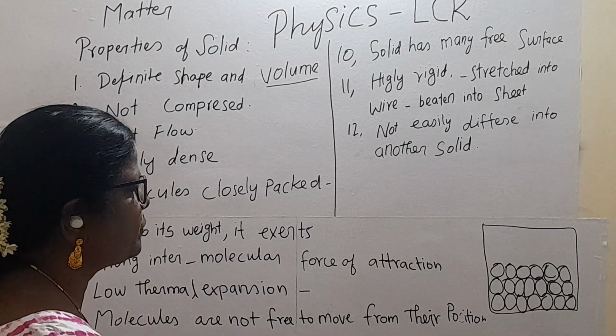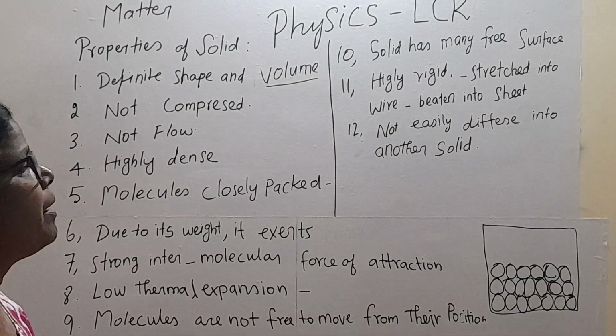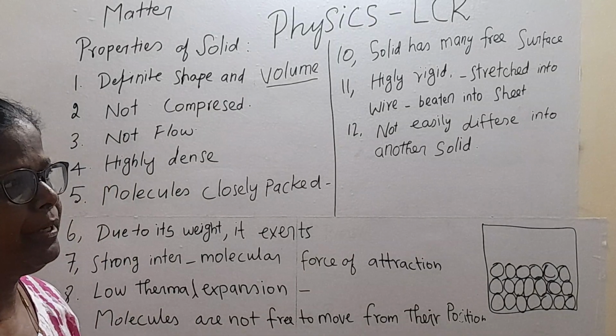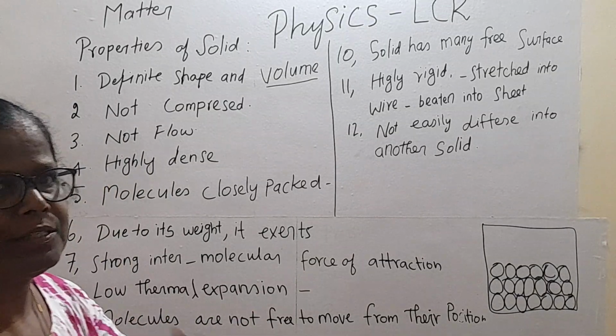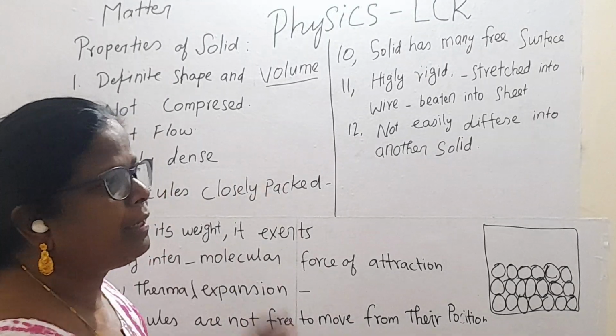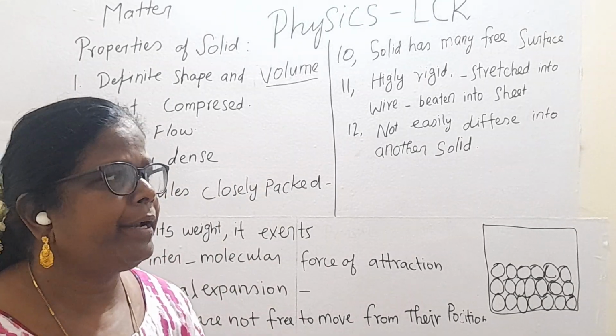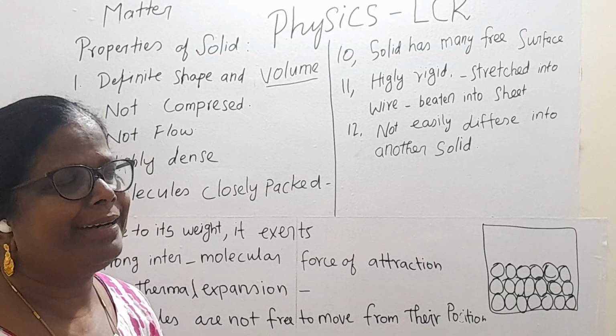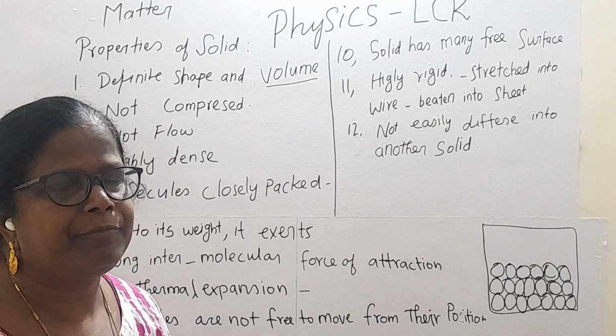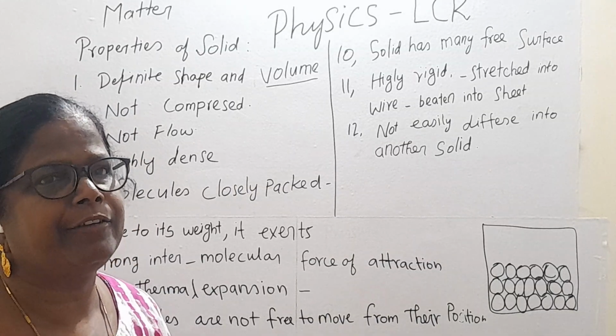Now I am going to explain the properties of solid, liquid, and gases. First, the properties of solid. Already I told you about the three characteristics of particles of matter that decide the state of matter.